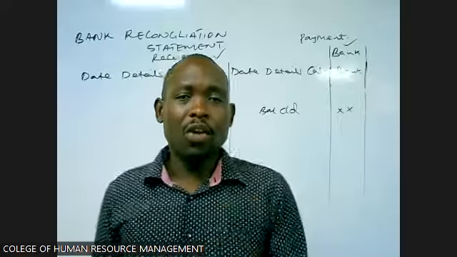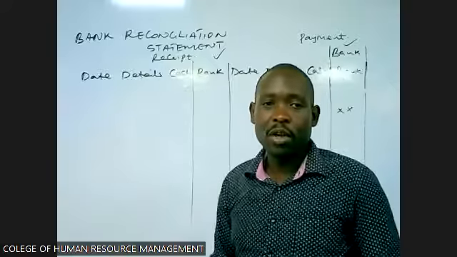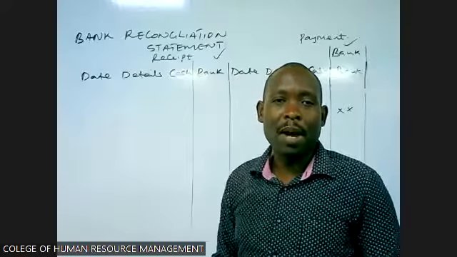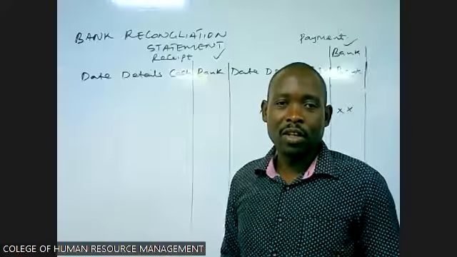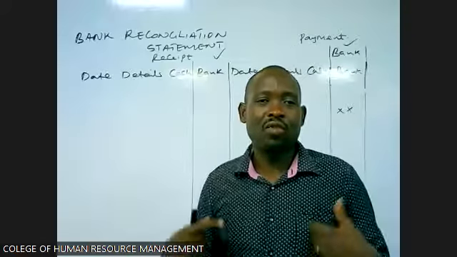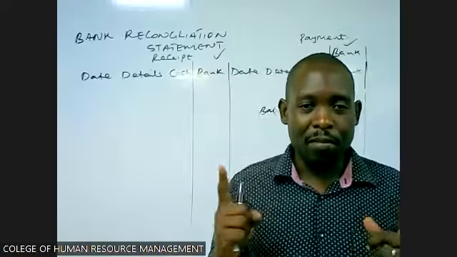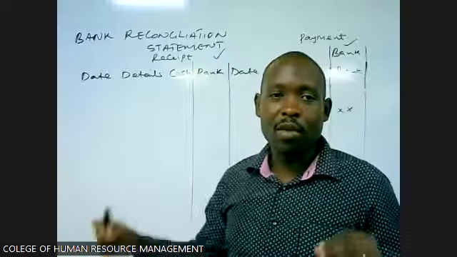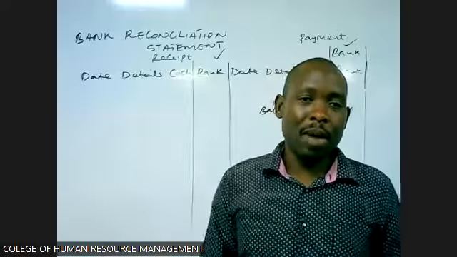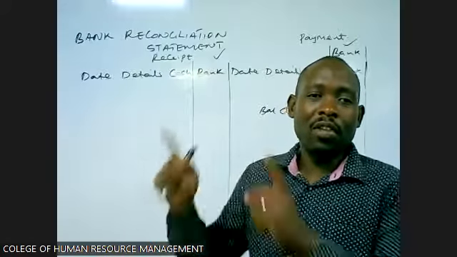The moment they don't agree, the accountant has got a responsibility of preparing what we call the bank reconciliation statement. A reconciliation statement is a statement that tries to explain why the cash book bank column differs from the bank statement. Remember, we are not interested in the cash, we are only interested in the bank, because we are talking about the bank record in the business, which is the cash book, and the bank record in the bank.